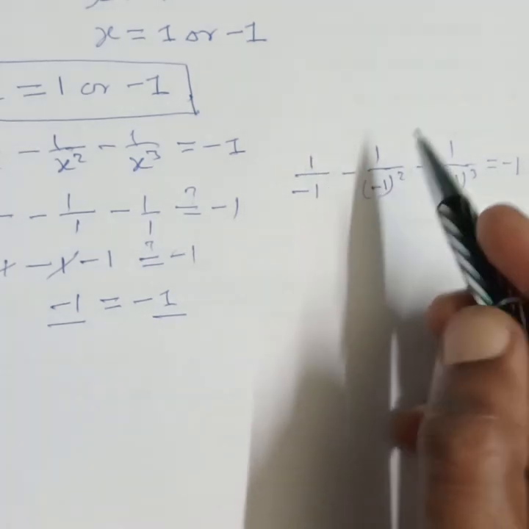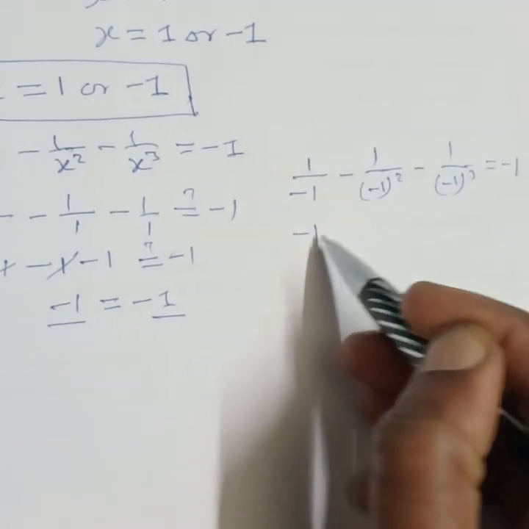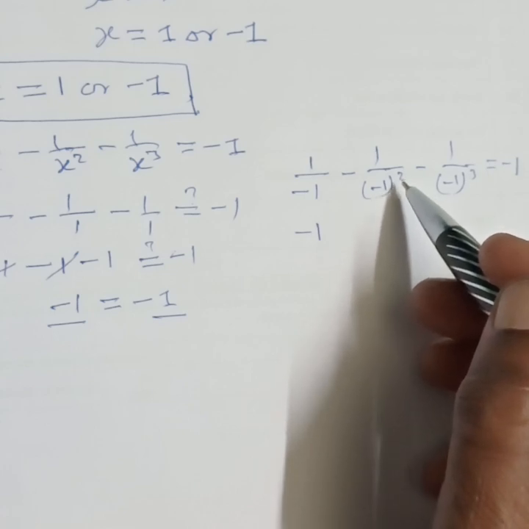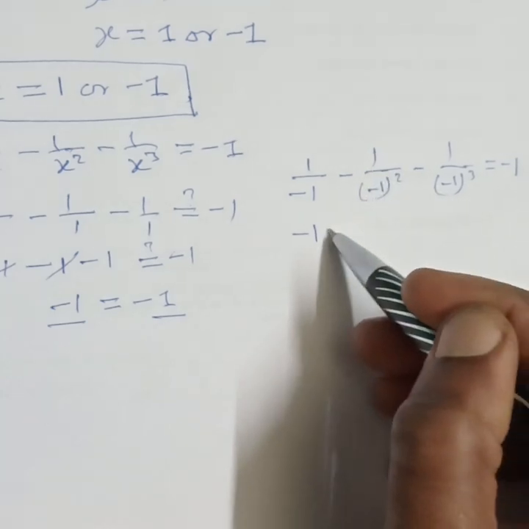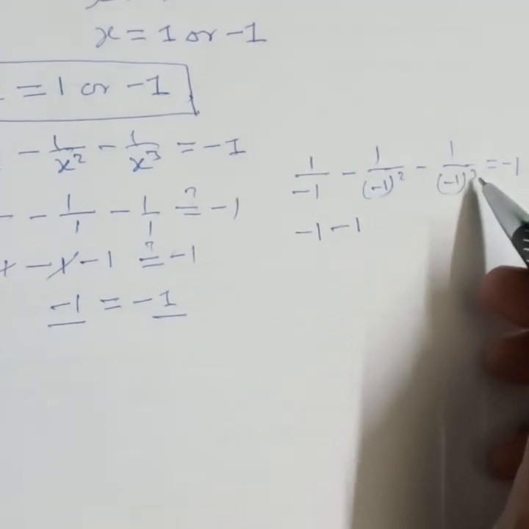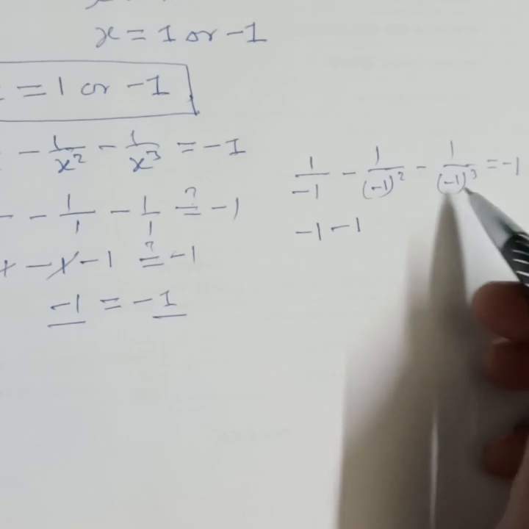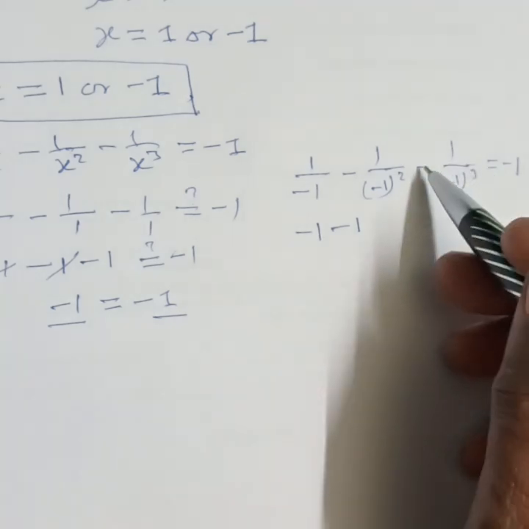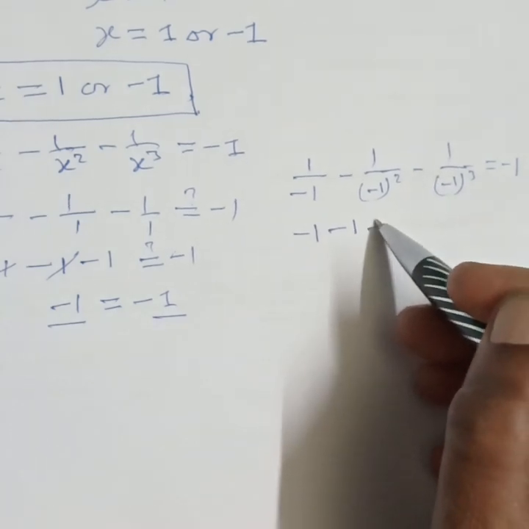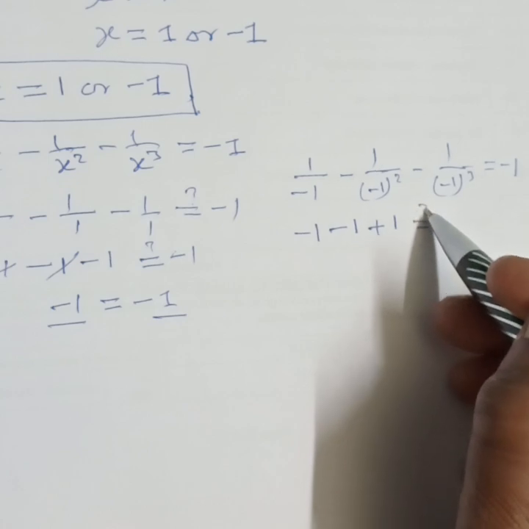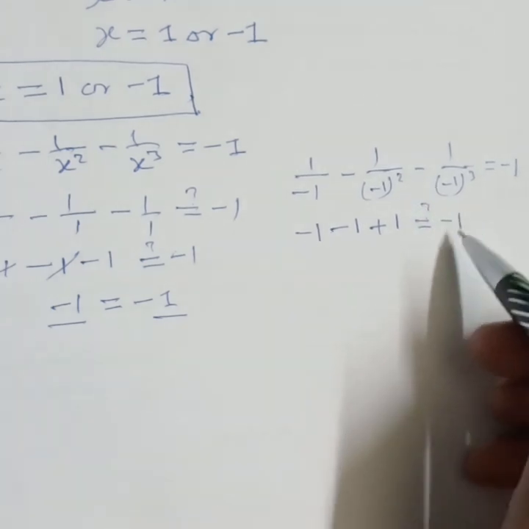1/(−1) is −1. (−1)² is plus 1. 1/(+1) is +1, so minus of that is −1. (−1)³ is −1. So it will be 1/(−1) is −1, minus minus plus 1, is equal to −1.